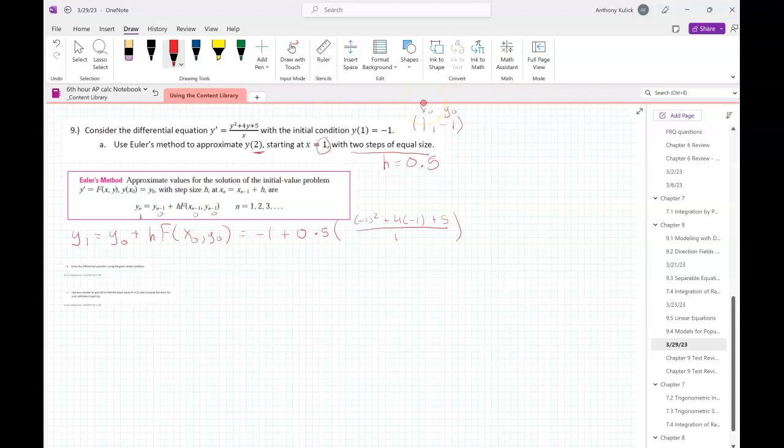What are we really doing with Euler's method? We're trying to take a smooth function, take some piece of it, and approximate that piece by using little tiny linear segments to map it. So we have approximately the same set of points, but we get them through a linear approximation.